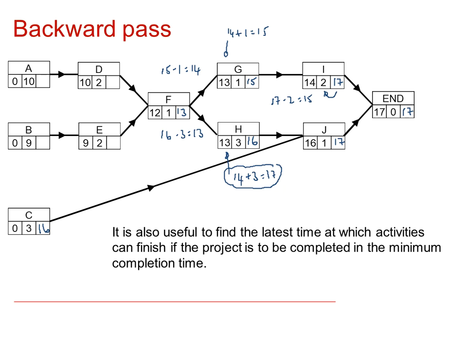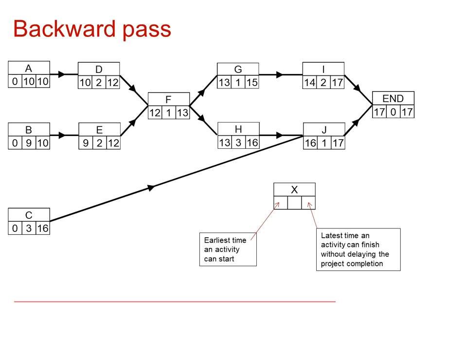Right, working backwards now, there's only one arc coming into D, so 13 minus 1 is 12, and 13 minus 1 for E is also 12, and then again working backwards for A, 12 minus 2 is 10, and 12 minus 2 is 10 for B. So that completes then the reverse or backward pass through, and there's our completed activity network with all the numbers and all the information put into it.